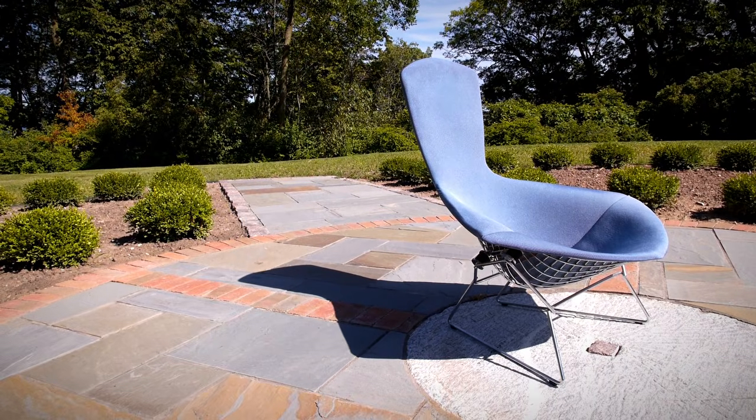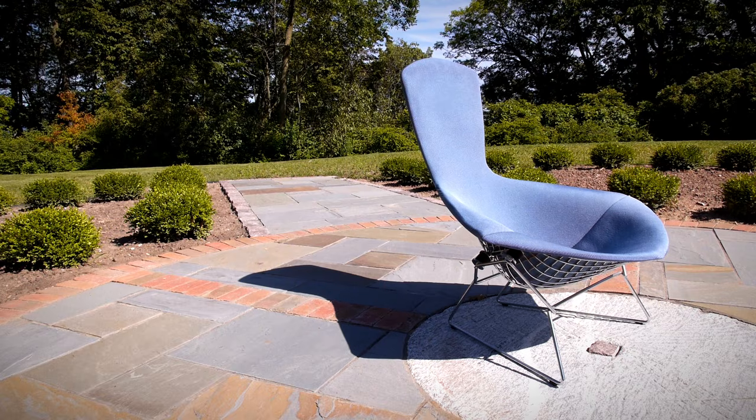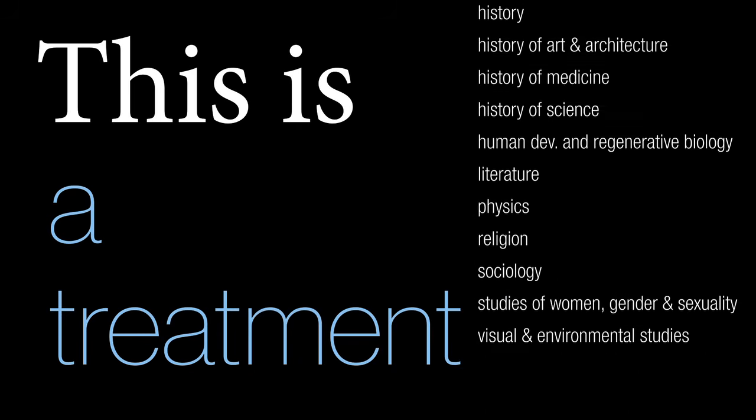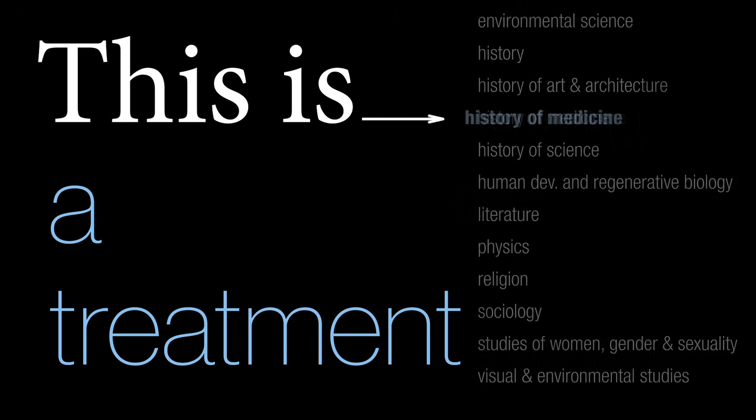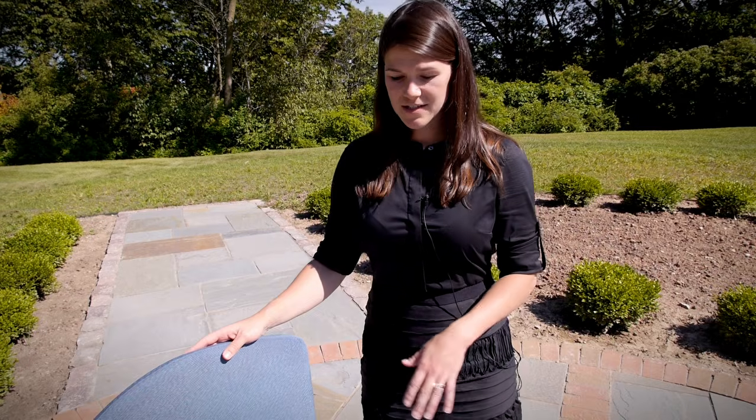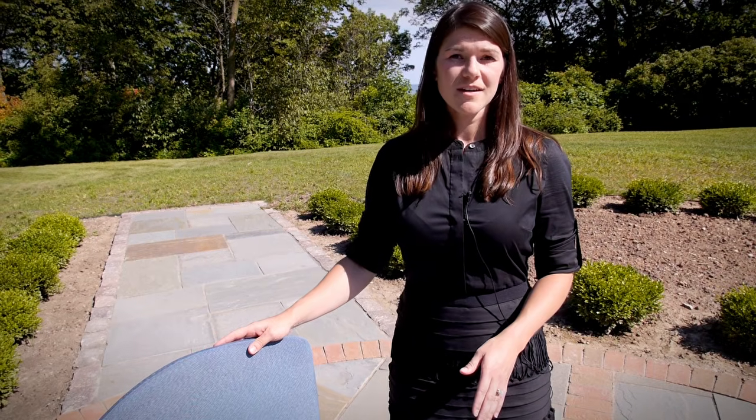This is not a chair. This is a treatment. Colloquially, chairs such as these were often known as easy chairs. They were meant to ease the aches and pains of the ailing and the elderly.